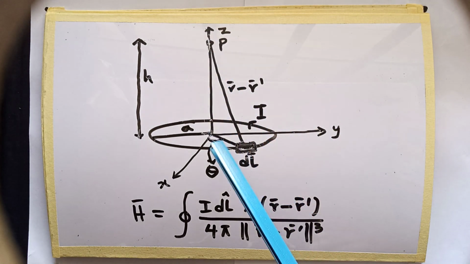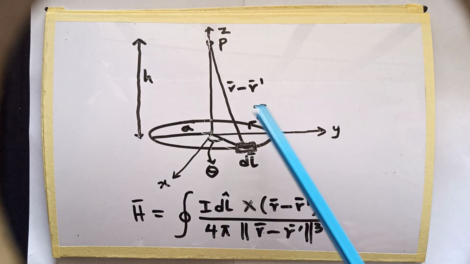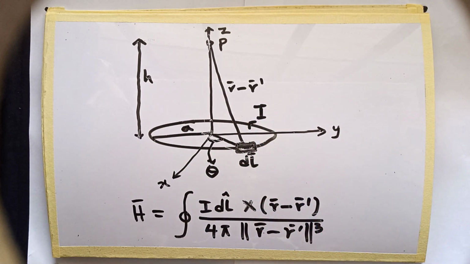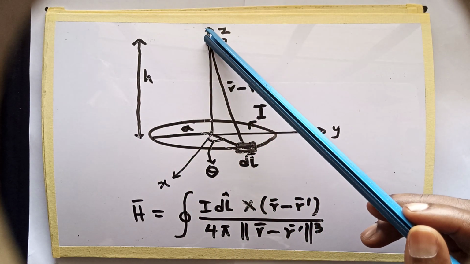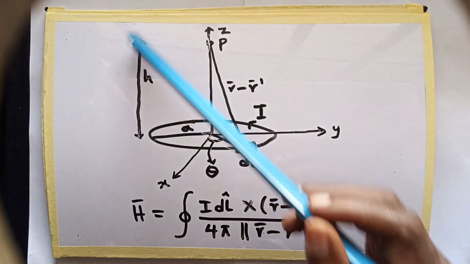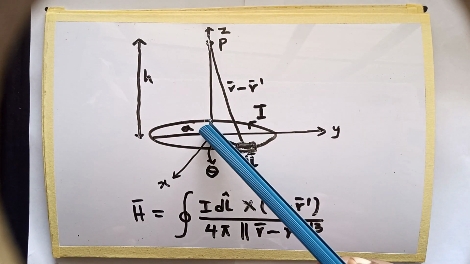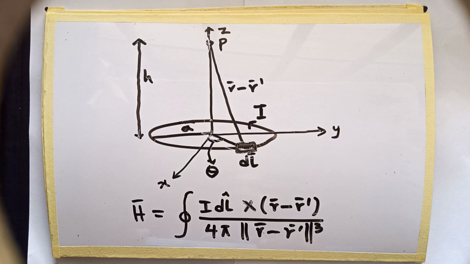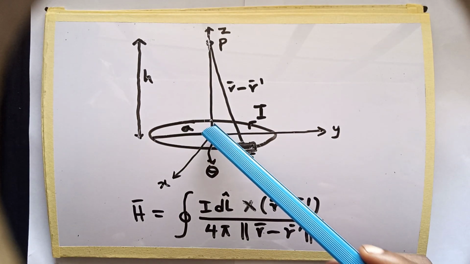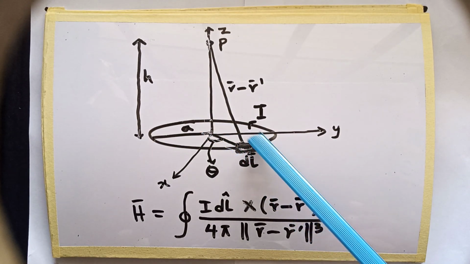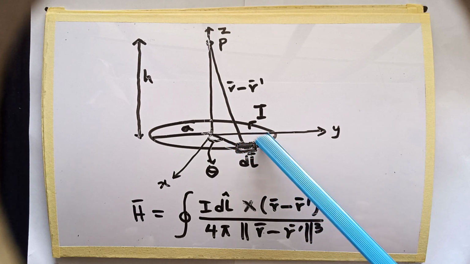In this video, we are going to be showing how to calculate the magnetic field at point P along the axis of a circular loop carrying current I. The point that we're interested in, P, is at a distance given as h. Then we have the y-axis, the x-axis. Then we have the radius from the center to this point, where this part is the elemental change of the wire.